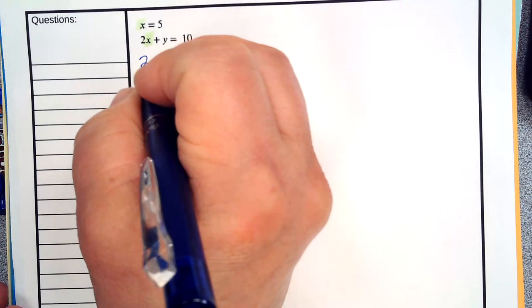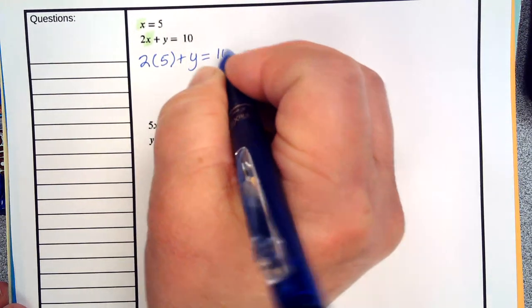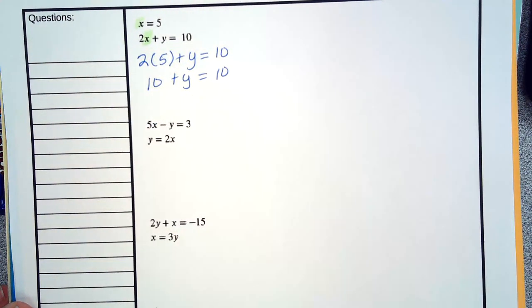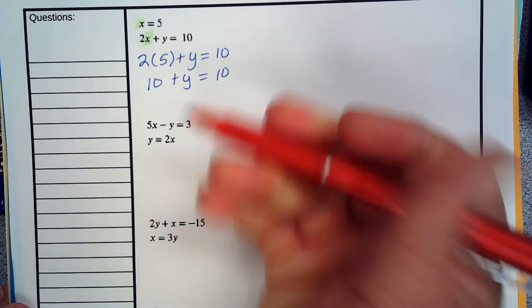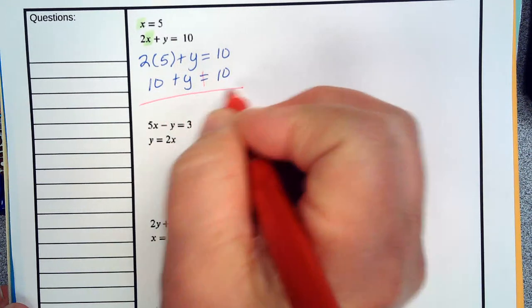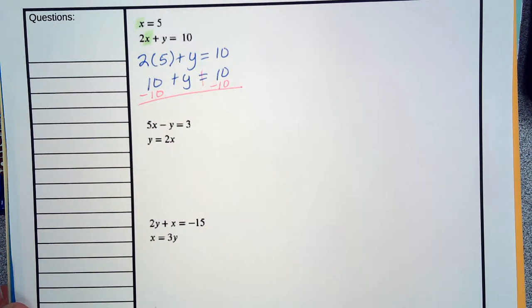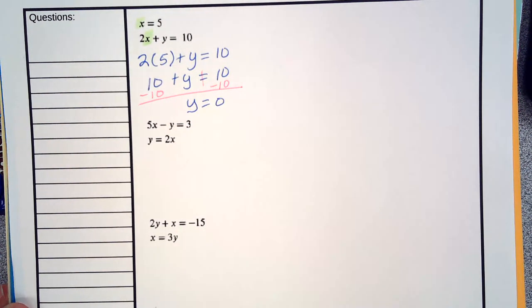So 2 times 5 plus y is equal to 10. 10 plus y is equal to 10. At this point, hopefully you know what y is. Subtract 10 from both sides, and y is equal to 0. So, if you're looking, we found both x and y now. Well, we were given x, but we found y.